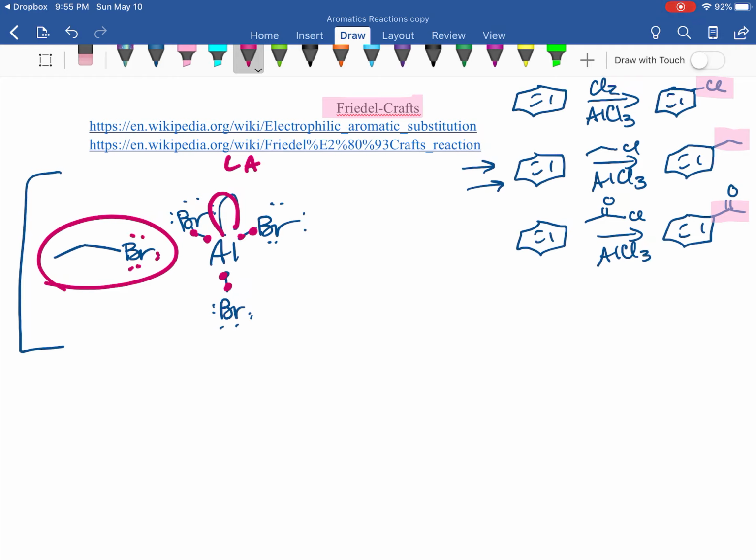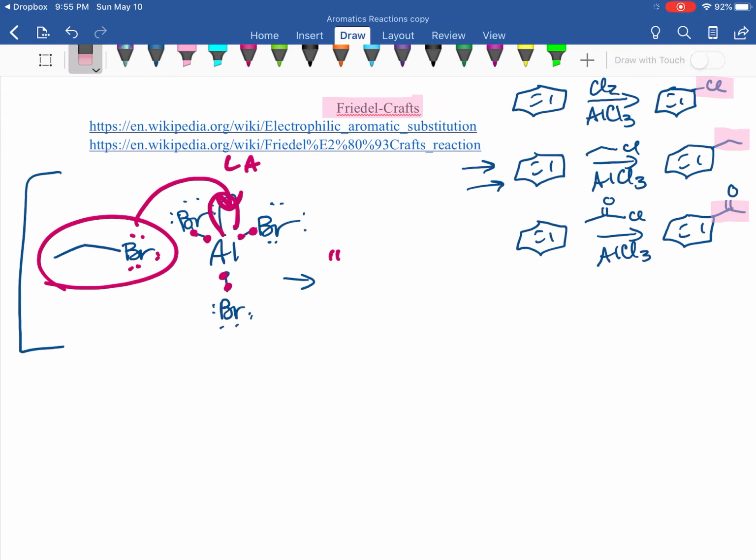Out of this whole substrate here, where do you actually have a lone pair? On your bromine. So your bromine is going to fill in that space. Now what that does, I'm going to use my 1980s air quotes, is it literally forces your alkyl halide to leave.